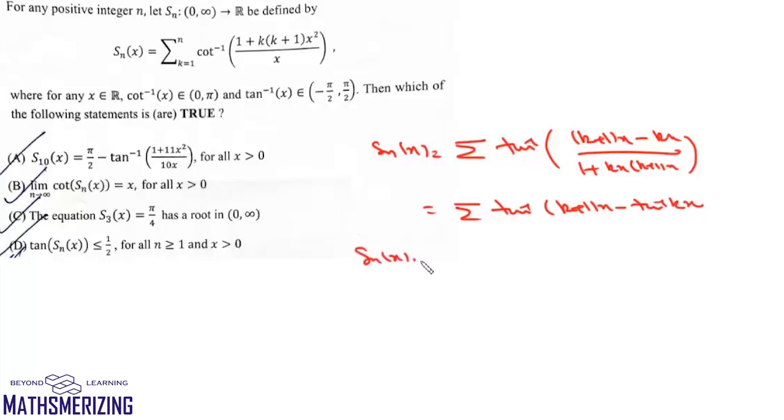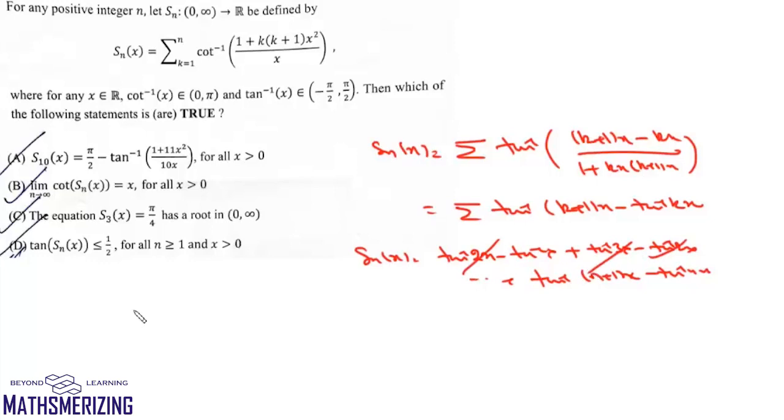Now we put the values of this summation, then it starts from 1, so it will be tan inverse 2x minus tan inverse x plus tan inverse 3x minus tan inverse 2x, and finally it will go up to tan inverse (n plus 1)x minus tan inverse nx. Now all these will cancel.